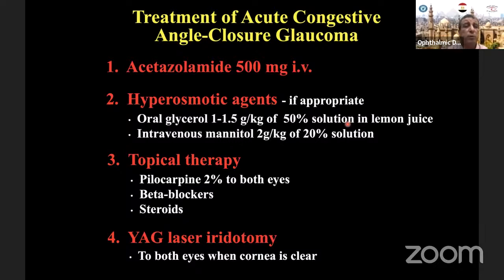And also, because of contraction of the longitudinal portion of the ciliary muscle, which is attached to the scleral spur, it will pull on the scleral spur and open the trabecular meshwork. This facilitates the aqueous outflow.